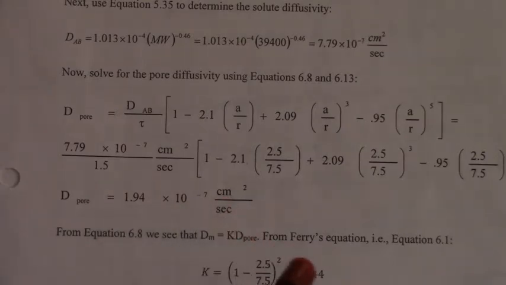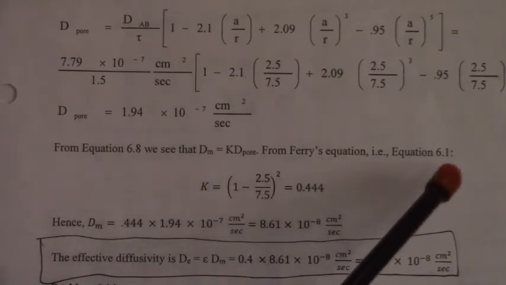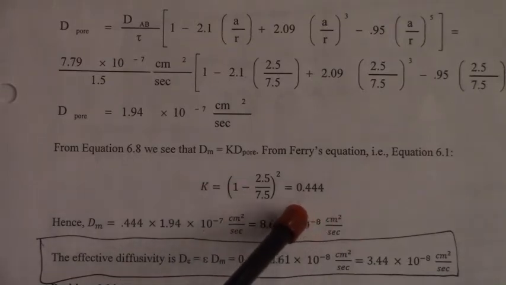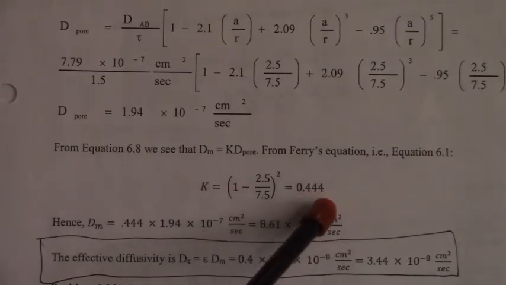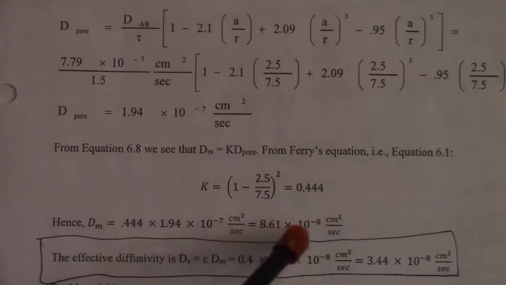And then to take into account the partitioning from the bulk solution into the pore, we would multiply that by the partition coefficient given by Ferry's equation, 6.1. So the K comes out to be 0.444, and that tells us then that our membrane diffusivity is 8.61 times 10 to the minus 8 square centimeters per second.